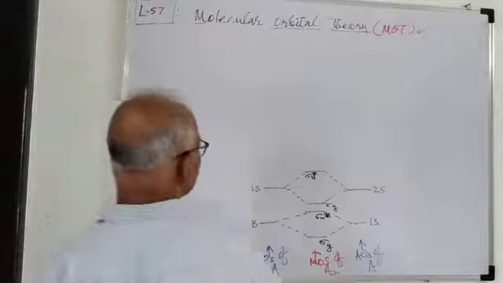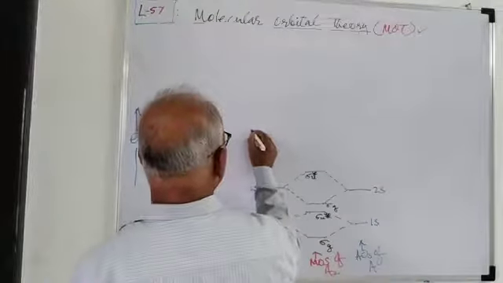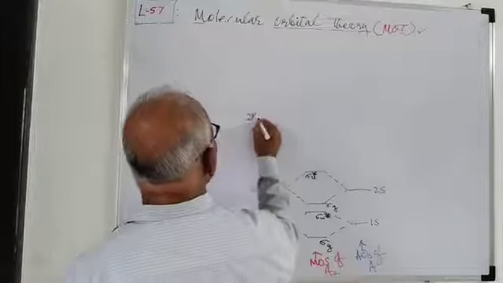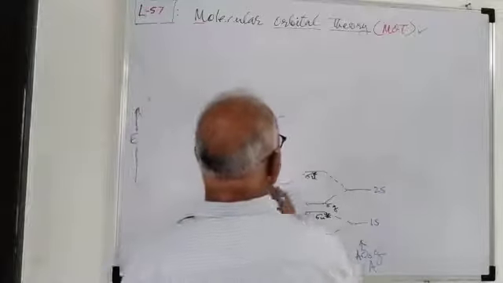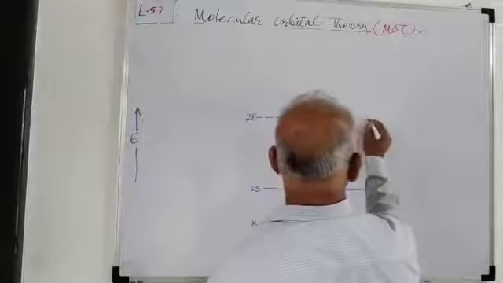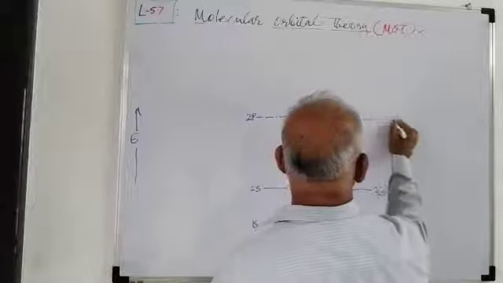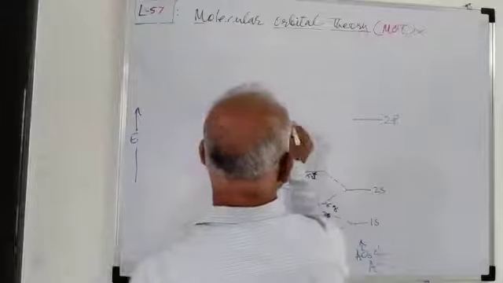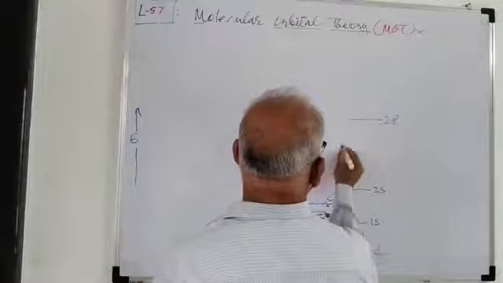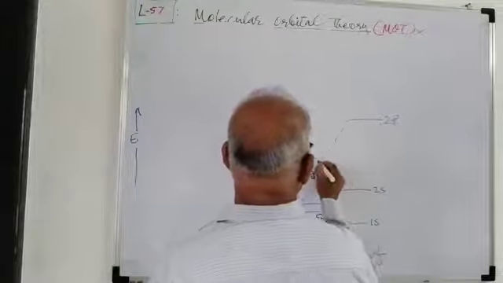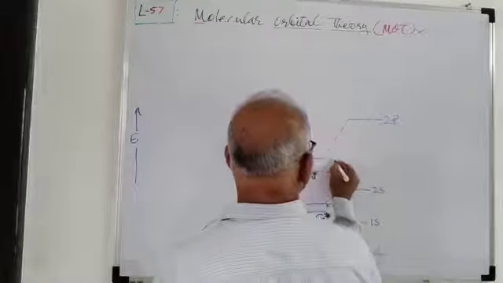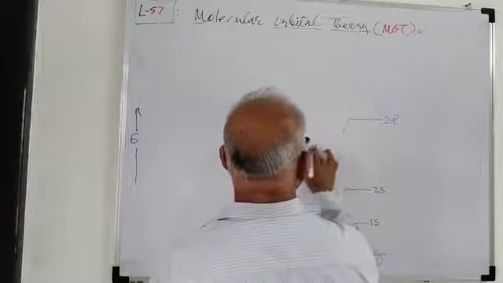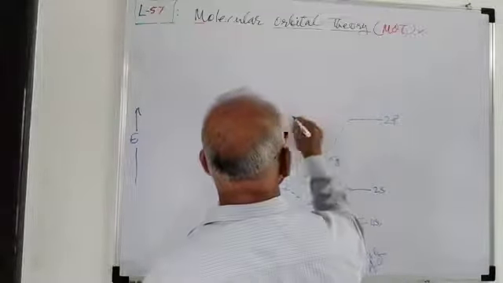And after this we will have the 2p orbitals. There are three such atomic orbitals in the 2p level. As a result, after linear combination, there is formation of a molecular orbital called sigma g. Then there is formation of pi molecular orbitals.